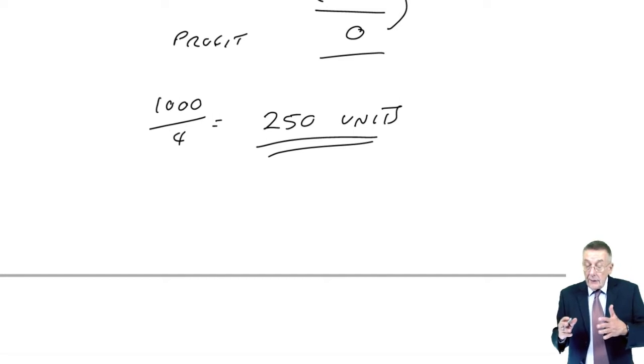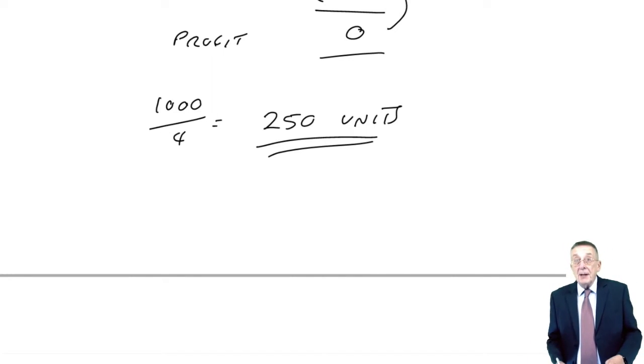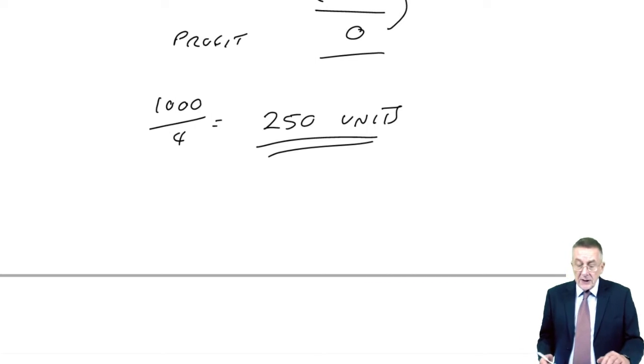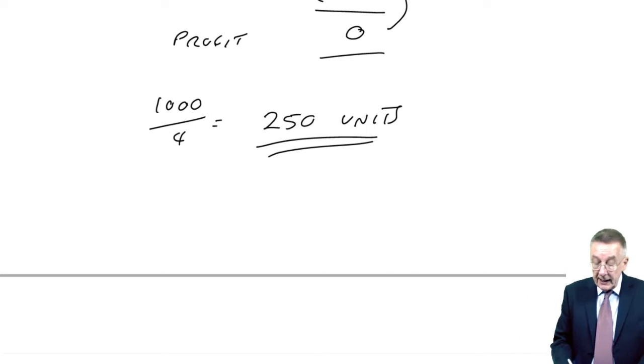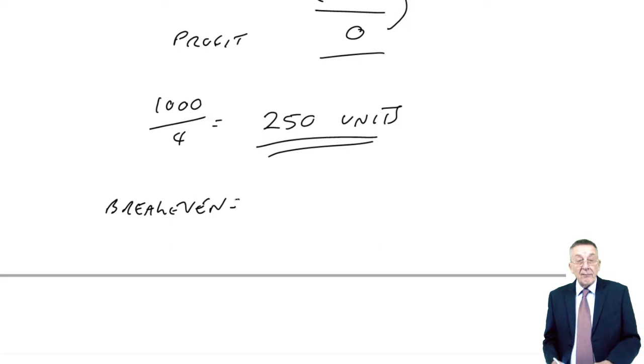Now then, although that really should be common sense, there is a formula for it, and it is worth learning because if they give you the information in different ways, you don't want to waste time. But you can see immediately above that the break-even volume is only writing down what I just did.